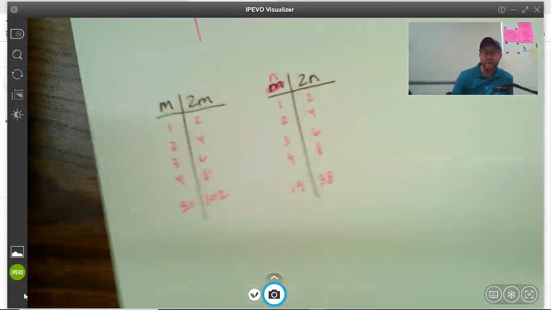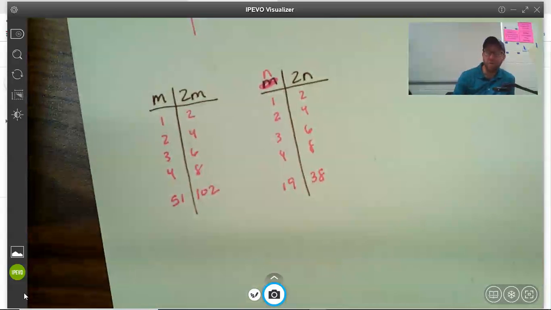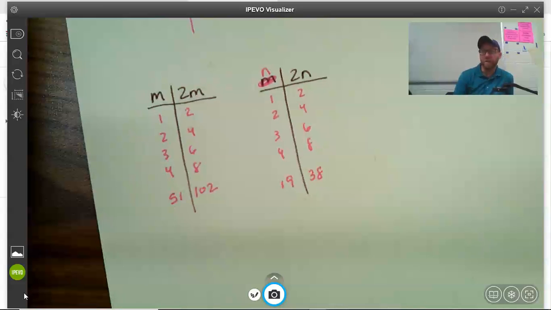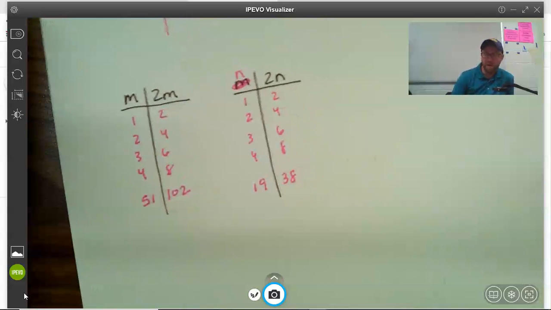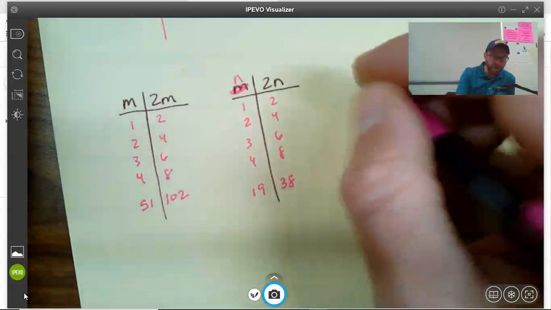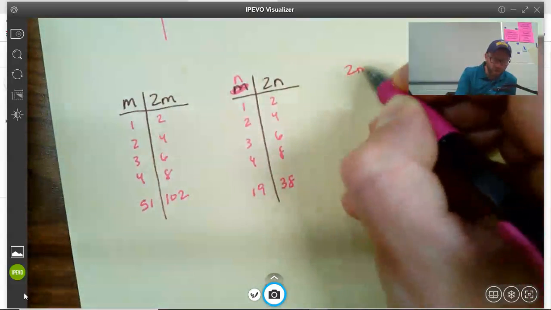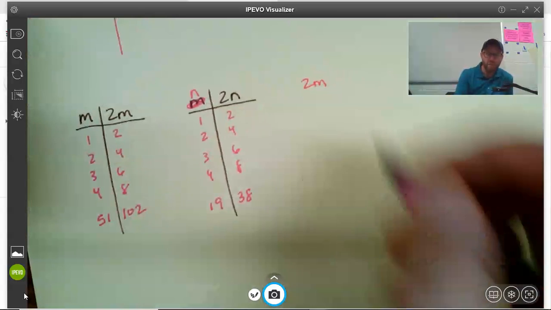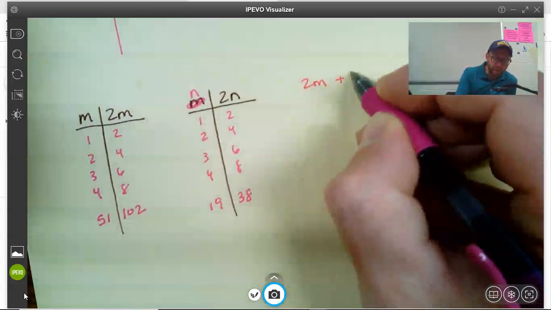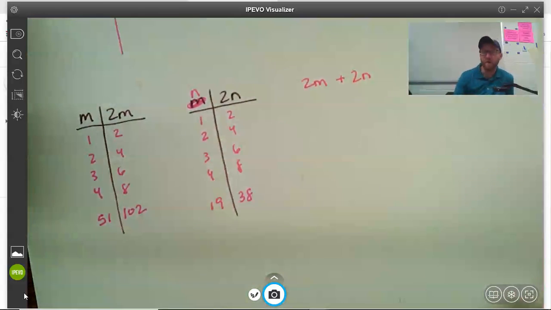So the question then is, if I add 2 even numbers together, how do I know I always get an even number? I mean, we know this. Add together any 2 even numbers, we always get another even number. But can we prove it? So here is how we would go about proving that. I would call the first even number 2m, and I would call the second even number 2n.